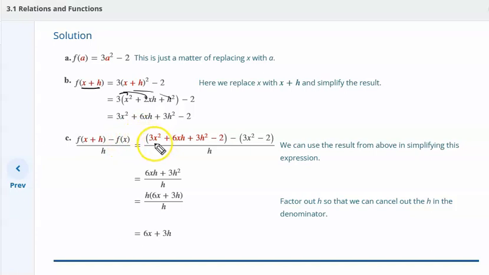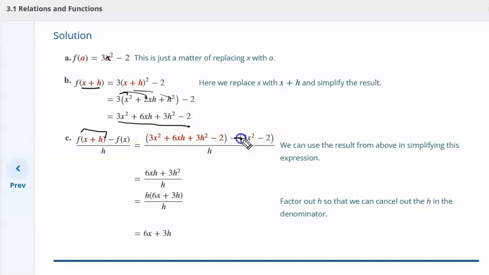So what we do, notice we already have this from above, which is this here. So we're just going to write that there, and then minus what our original equation was, and this was an x, what we have here. So what happens now? Well, we have to get rid of parentheses here, get rid of parentheses here.